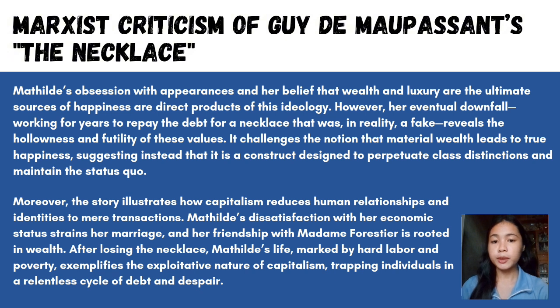So, in the fourth paragraph, it involves exploring the effects of capitalism on human relationships and individuals' identity. This paragraph emphasizes the destructive impact of capitalism on personal well-being and relationships, reinforcing the Marxist critique.